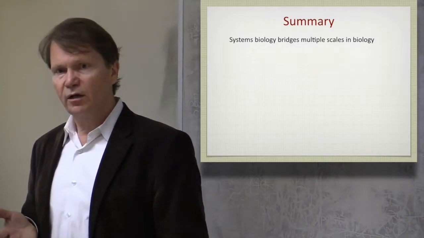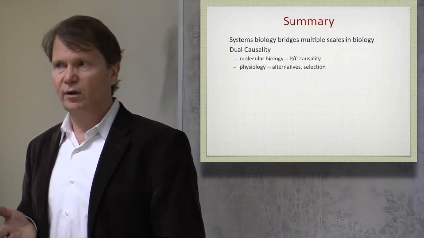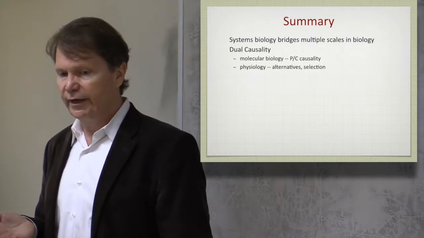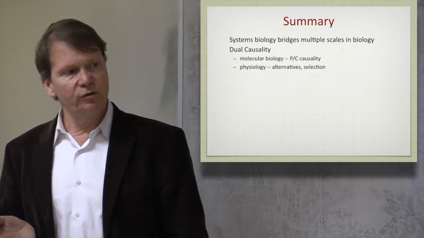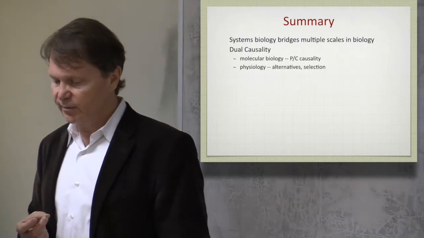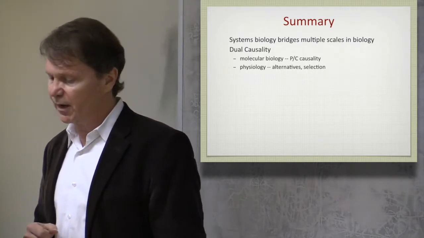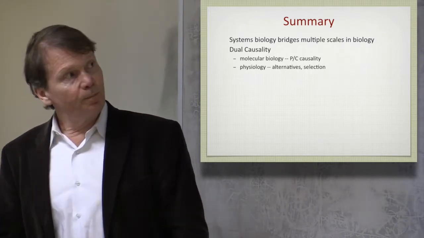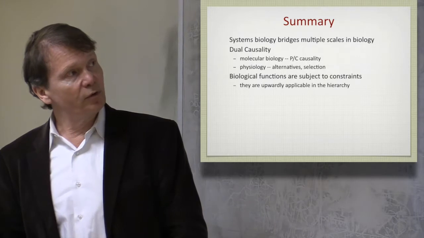So if you want to build quantitative models of that multi-scale relationship, we have to look at causation. We have dual causation to deal with, both the laws of physics and chemistry, and then the biological causation. So we have to deal with those.